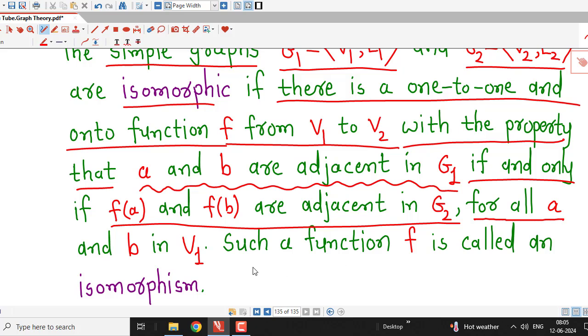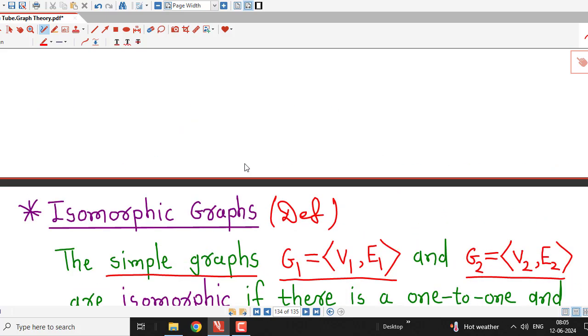This must be true for all possible pairs of vertices in V1, and this type of function is called an isomorphism.